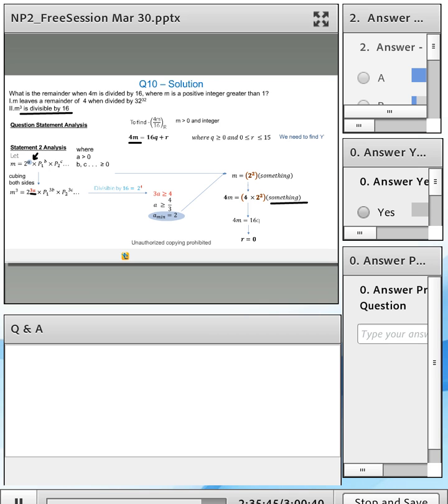Now, how many of you are clear with this processing? First of all, how many of you were able to process it in this manner? People who selected choice D, did you select it after processing it in this manner? No. Okay. How did you process this information to confirm that statement 2 is sufficient? Tell me, how did you process it?